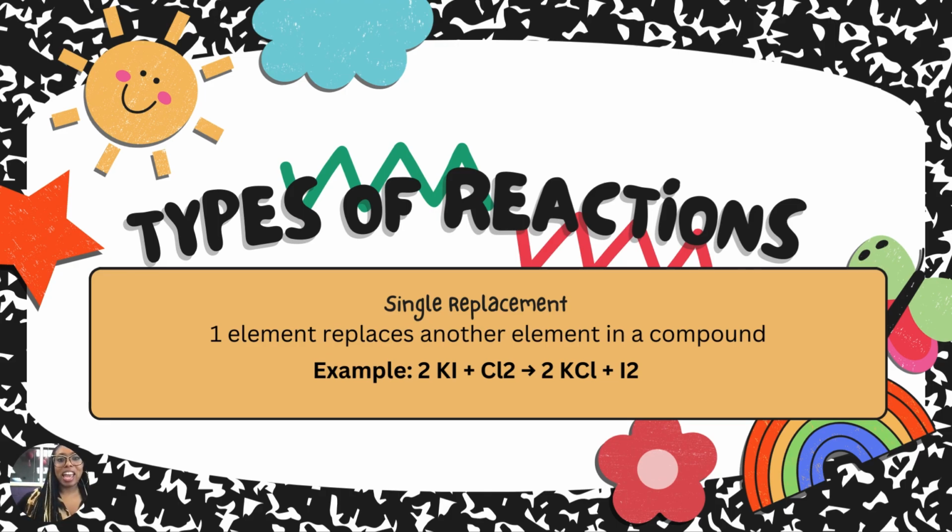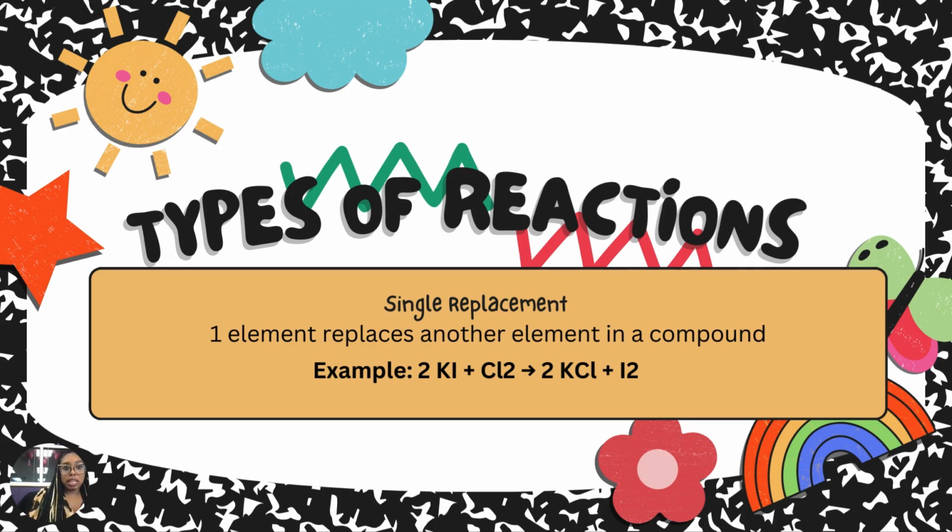In the scientific manner, typically, in an ionic bond, which I'll cover in a follow up video, you have a metal and a non-metal that come together. Your metal always comes first, and then you have your non-metal. However, in a single replacement, your metals always stay in place and you replace your non-metals.